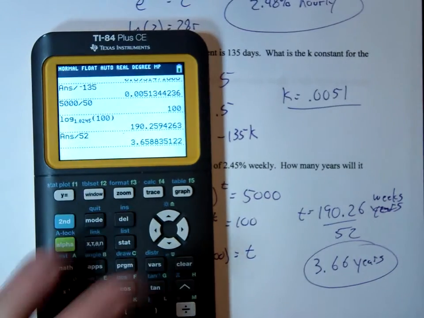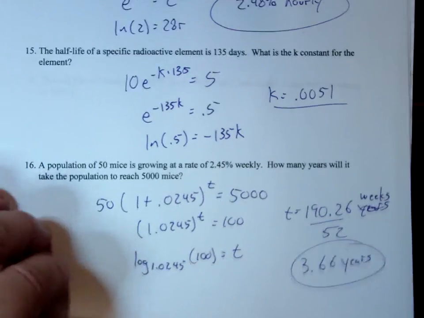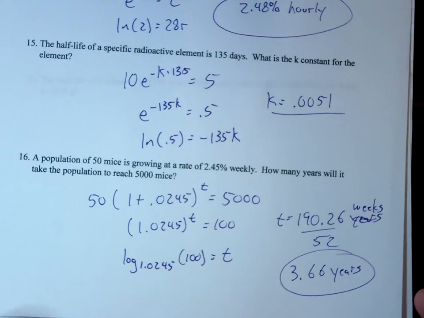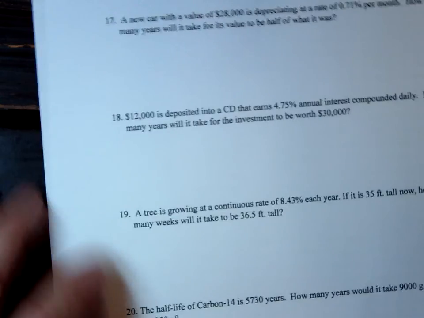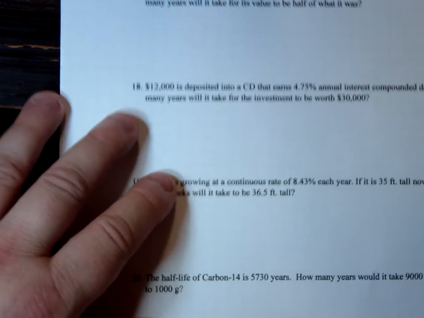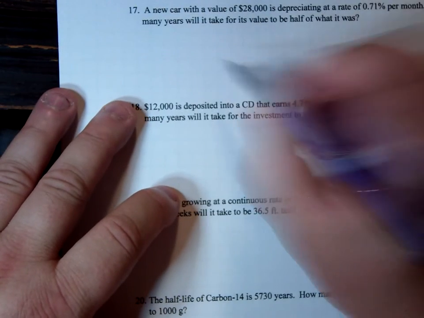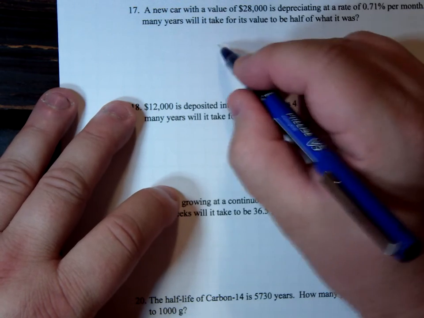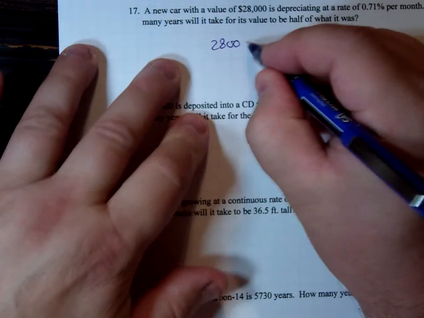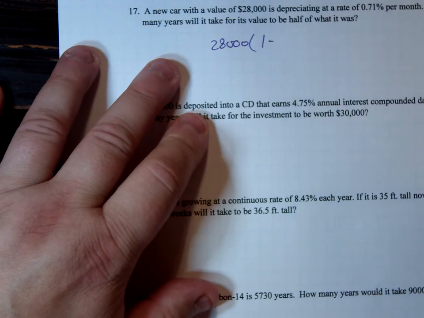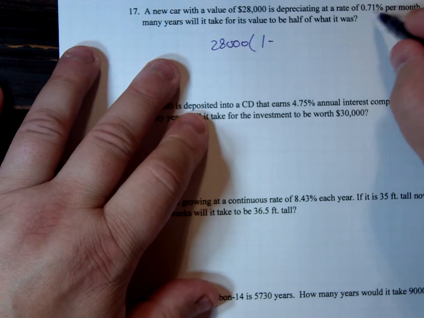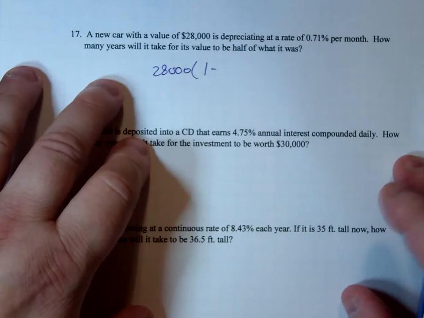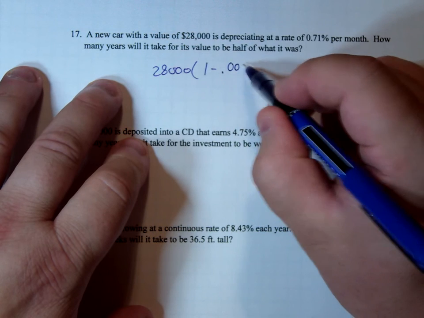All right, 16, so last page. A new car depreciating, so 28,000. How many years will it take for the value to be half of what it was? So $28,000 for the new car, depreciating at 0.71% is 1 minus 0.0071 t.